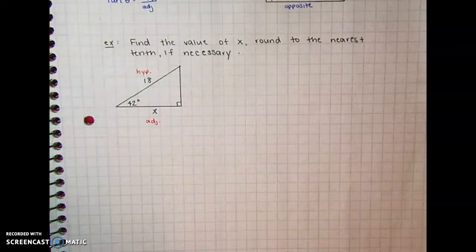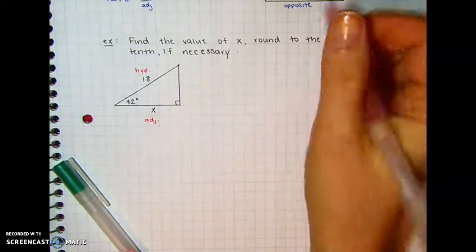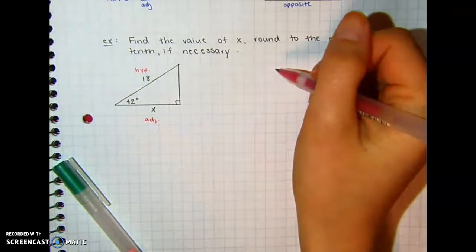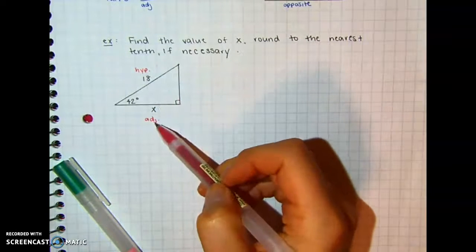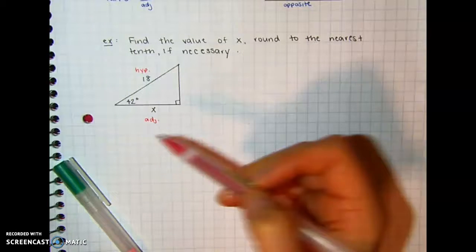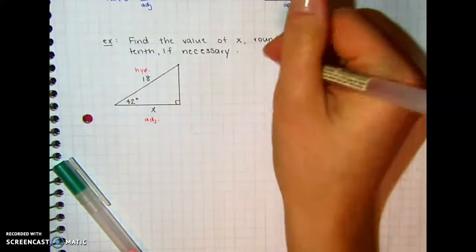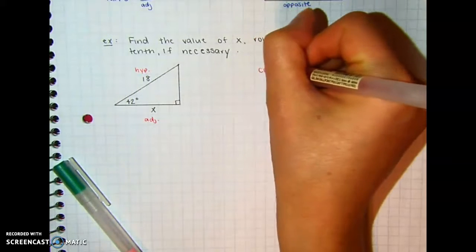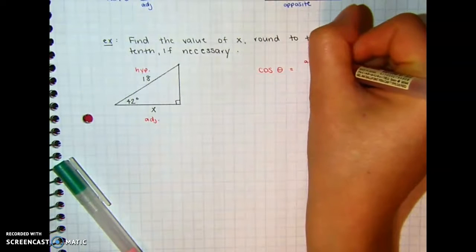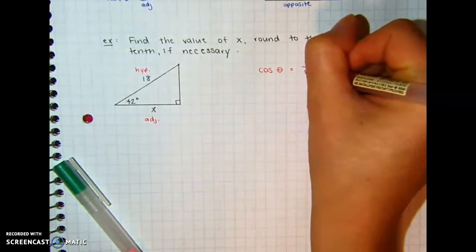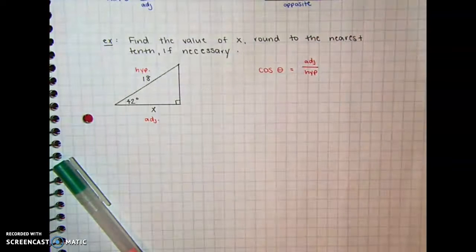So actually there's one more thing. Not required, but I would recommend going, okay, if I have hypotenuse and adjacent, that means I'm going to use the cosine function. We know cosine of theta is equal to the adjacent side divided by the hypotenuse.